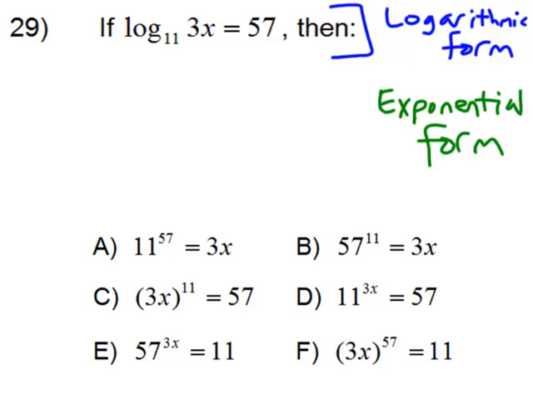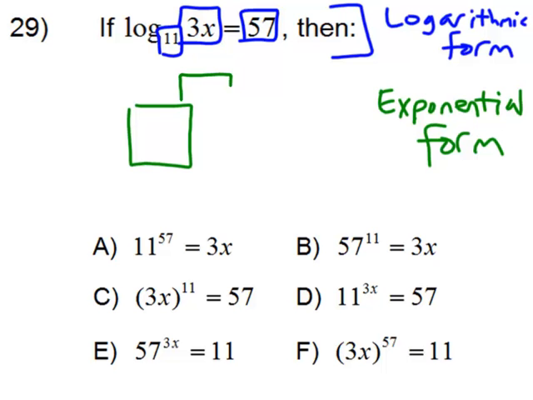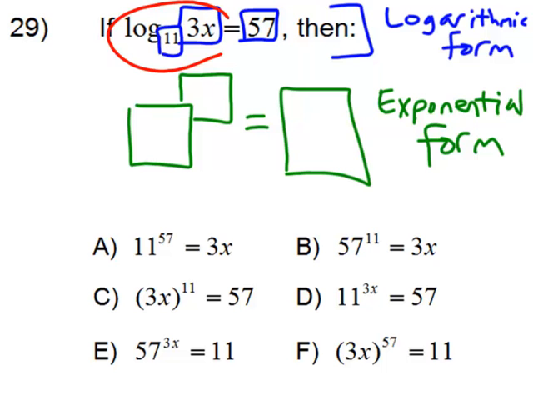All right, so you've got three pieces of the puzzle here. You've got this 11, you've got this 3x, and you've got this 57. And when you write this in exponential form, we will have something to the something exponent equals something else. And we're just checking to see, do you know what something goes in which box? Well, think of how you say this expression out loud.